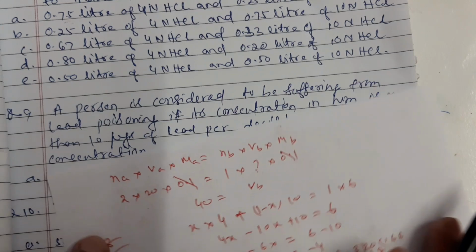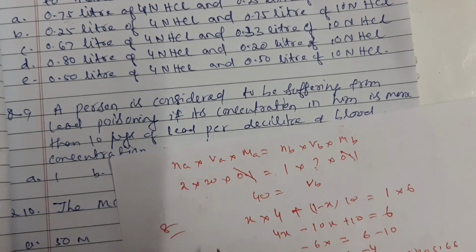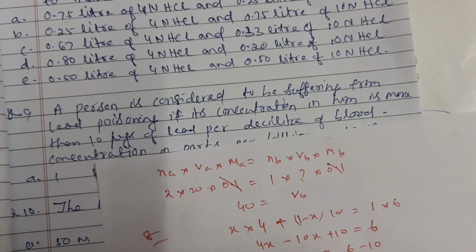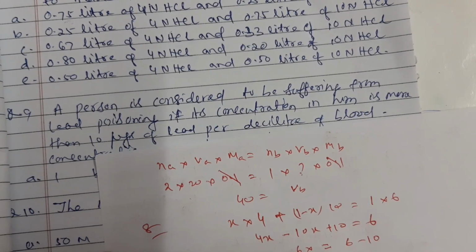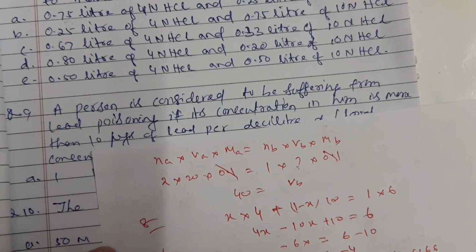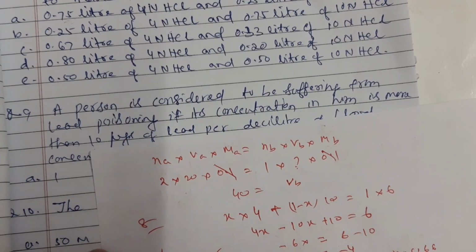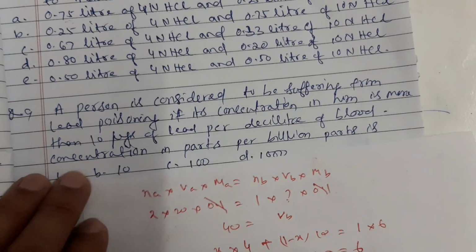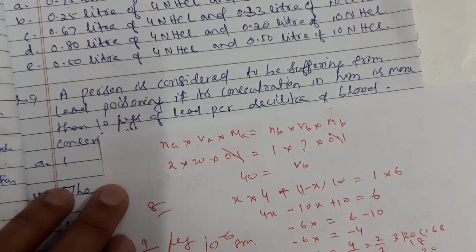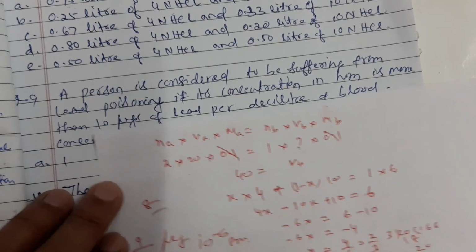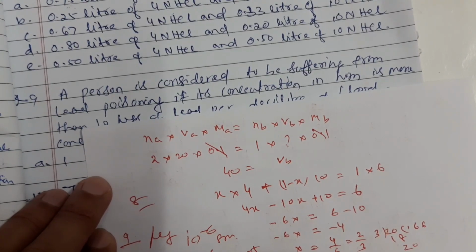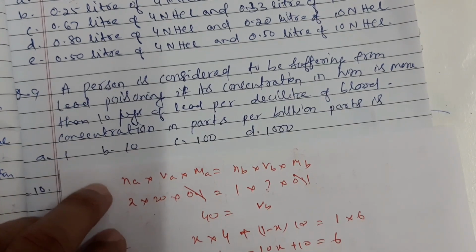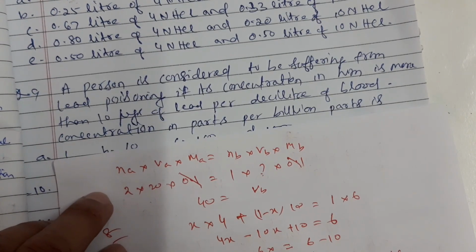You see, micrograms. 1 microgram is equal to 10 to the power minus 6 gram. So 10 micrograms, 10 multiplied by 10 to the minus 6 is equal to 10 to the minus 5 gram.